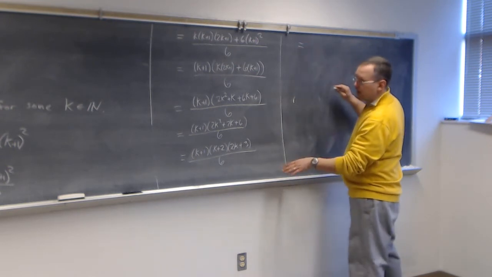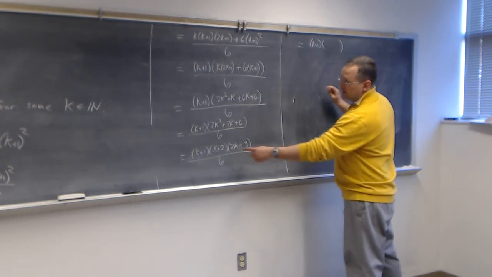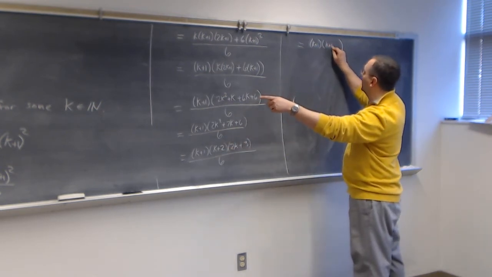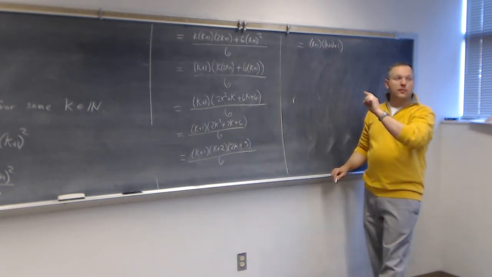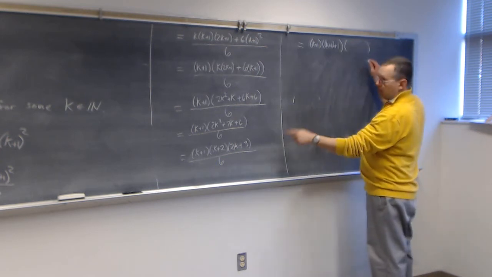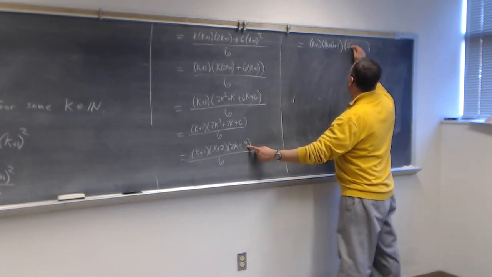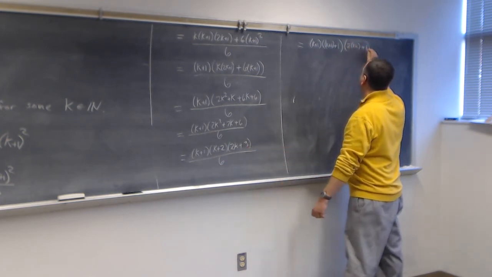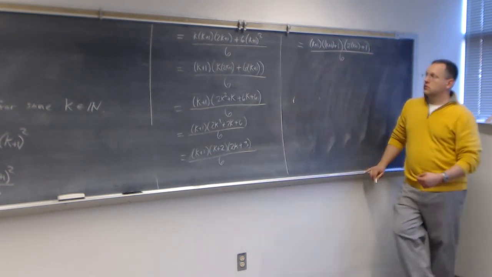My next line would be this equals k plus 1 times, instead of k plus 2, I'm going to write it as k plus 1 plus 1, because I have to make it look in the right form. And my 2 times k plus 3, I'm going to write as 2 times the quantity k plus 1 plus 1, all over 6.